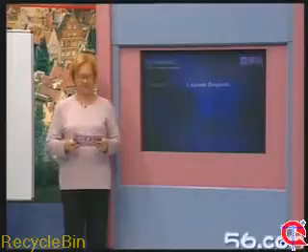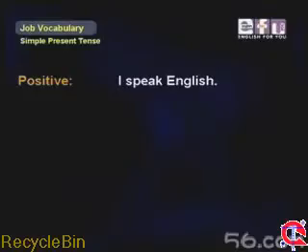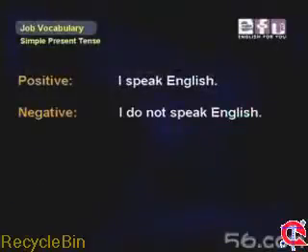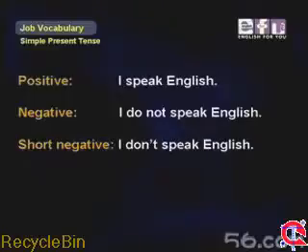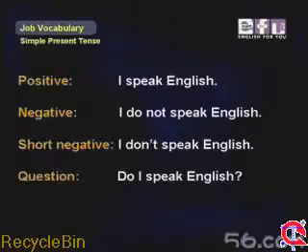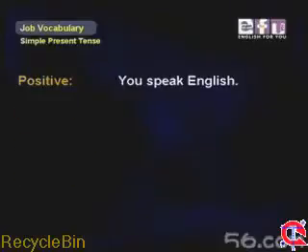All right, now let's review the simple present tense. Look at this chart. I speak English. I do not speak English. I don't speak English. Do I speak English? You speak English.